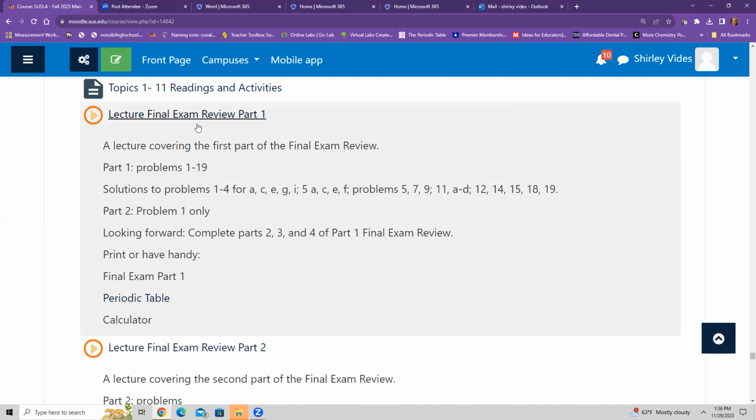But if you can't make it for some reason to part of it, look, see this? I'm showing you that it even tells you part one, problems 1 through 19, solutions to problems 1 through 4 for A, C, E, G, and I. For 5 it is A, C, E, and F. And then it tells you which problems: for 11, you have A through D, and 12, 14, 15, 16, 18 and 19.